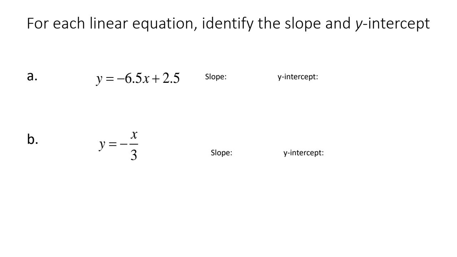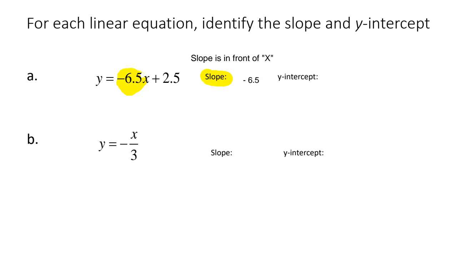Well, right away, the slope is what's in front of x. Okay? Slope is in front of x. And that is going to give me a -6.5.